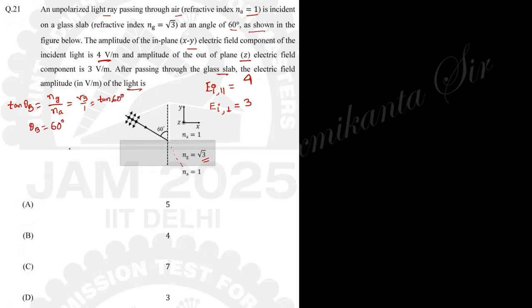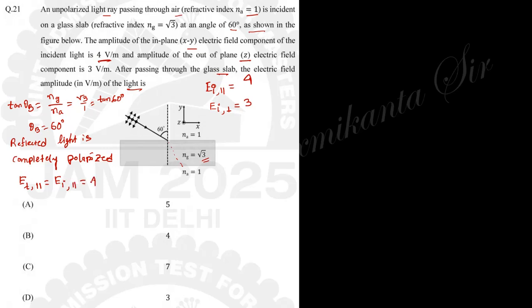The Brewster angle is the angle at which, if the ray is incident, the reflected light is completely polarized.